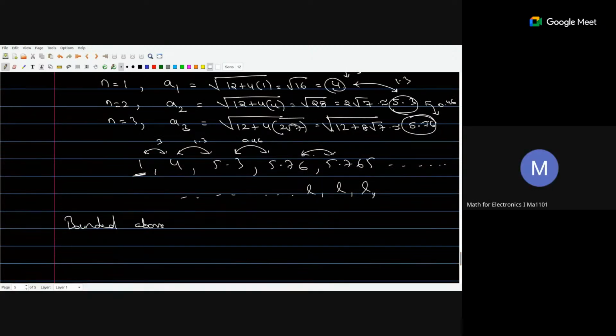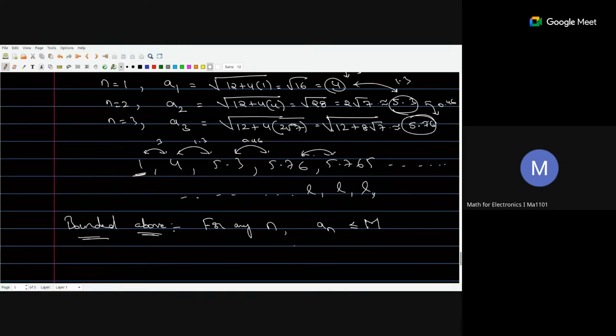So bounded above means this. In your sequence an, for any n, an is less than or equal to some m, where m is a real number.